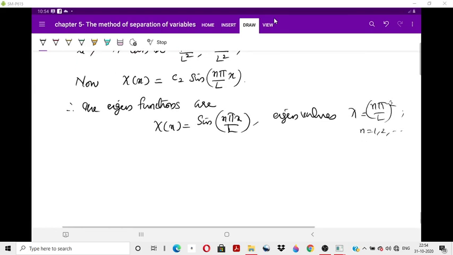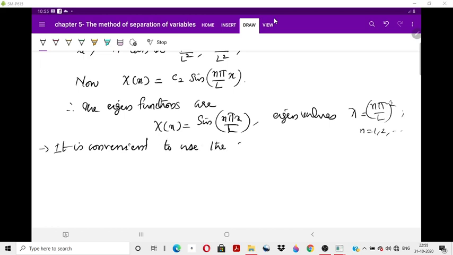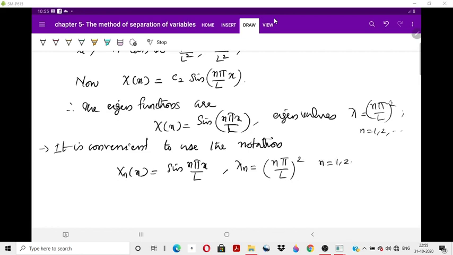So it is convenient to use the notation Xn of x is equal to sine n pi x by L with lambda n, the eigenvalues n square pi square by L square, or we can write it as n pi by L the whole square, for n equal to 1, 2, 3, etc.